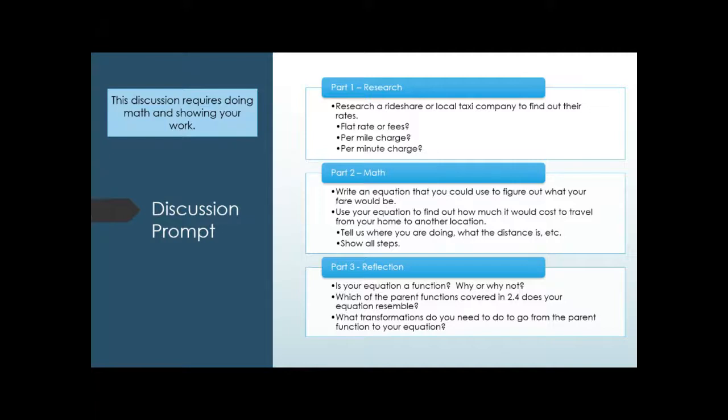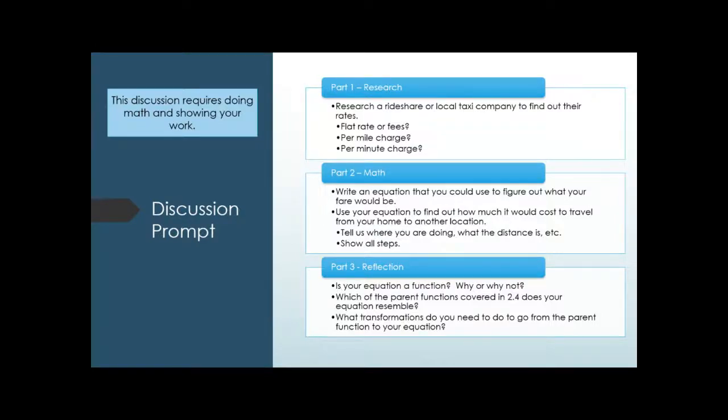So you can get an equation, and then say you needed to use that taxi, and as long as you know what the distance is, which we can find on Google Maps, you can determine how much you're going to be charged. So that's a useful thing, especially if you're on a budget. Some people are like, okay, I can only spend this much on transportation this week, and so this might be helpful.